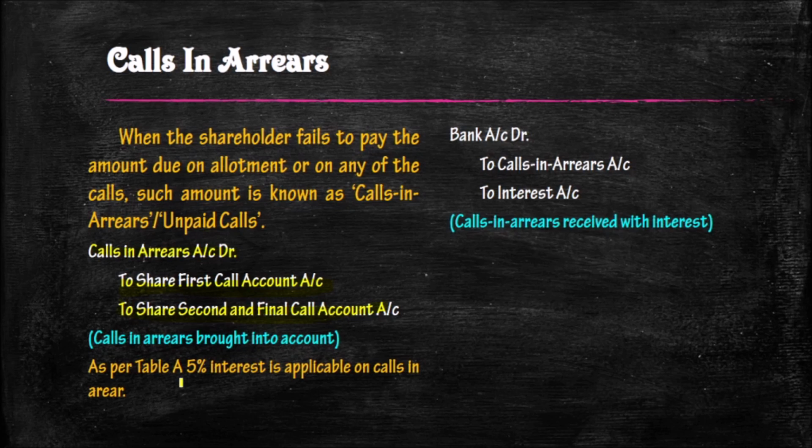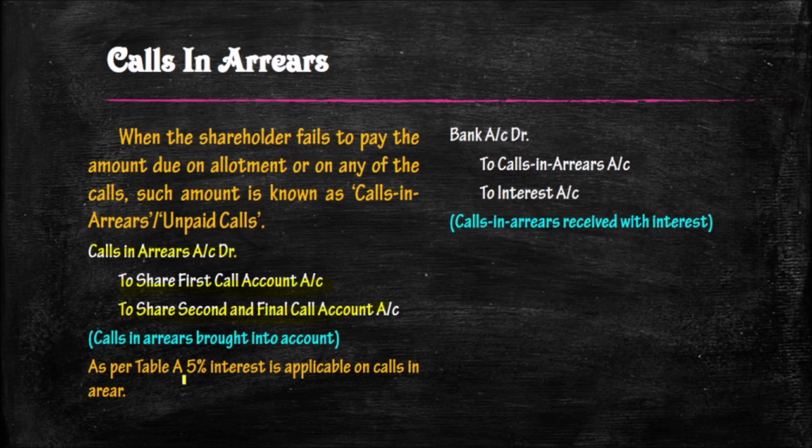And my dear students, we can adjust the calls in arrear amount, maybe by opening a calls in arrear account, or without opening a calls in arrear account. If we are opening the calls in arrear account, we have to write the amount for calls in arrear account. And the journal entry will be what?